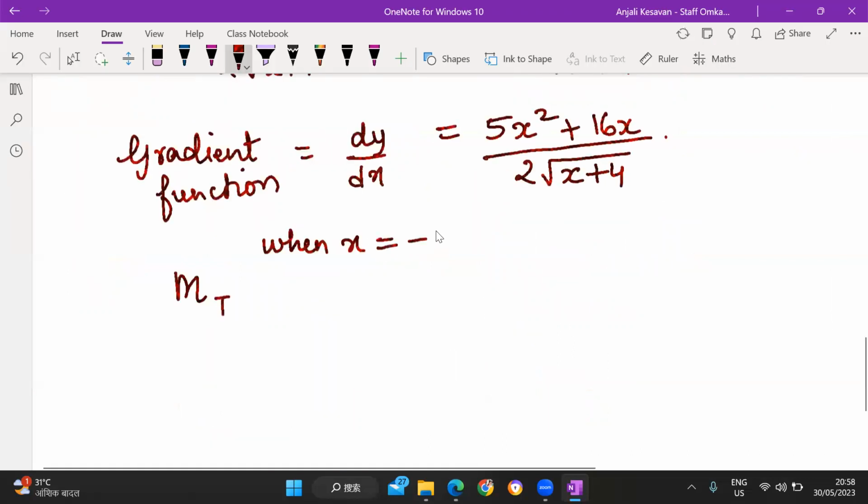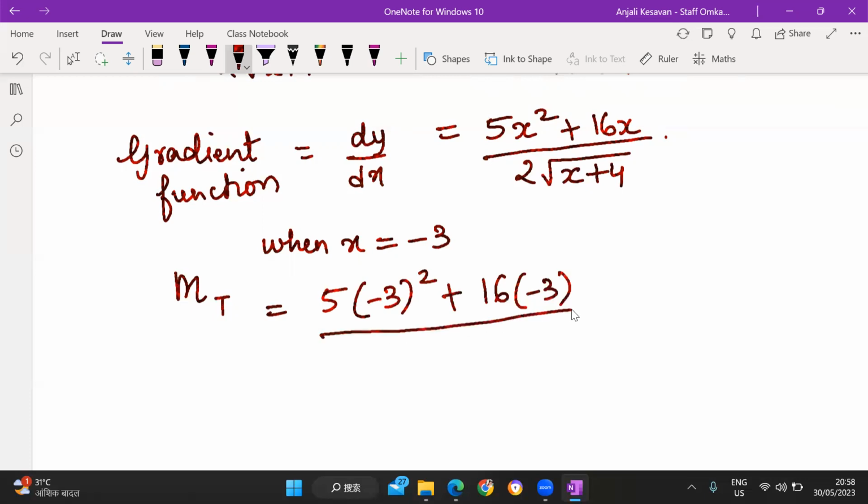So let's substitute x equal to negative 3 in our expression. 5 times negative 3 squared, replacing all the x by negative 3, plus 16 times negative 3, upon 2 square root of negative 3 plus 4. So what do we get on simplifying?